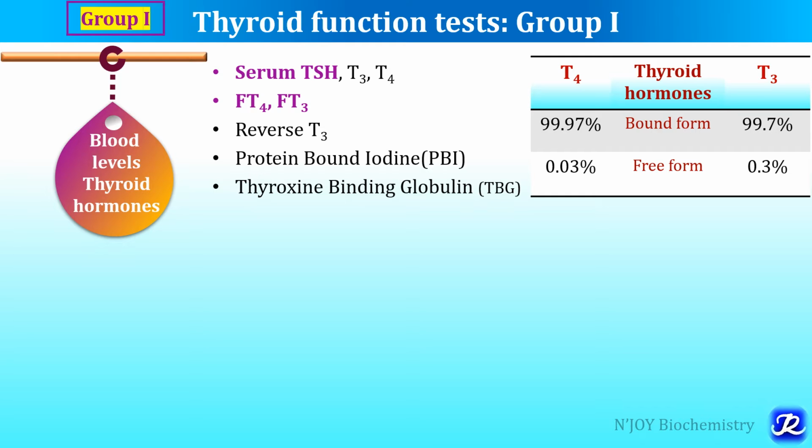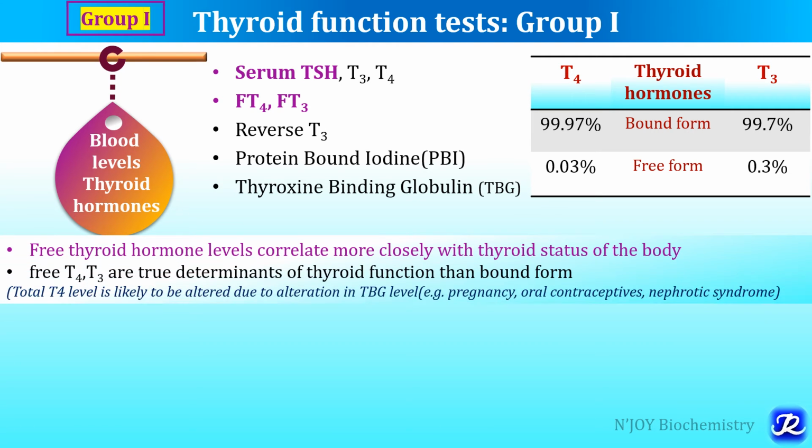And the free form is 0.03% of T4, while 0.3% of T3 is in the free form. So this free form is the metabolically active form, and these free thyroid hormone levels correlate more closely with the thyroid status of the body, and that's why they are true determinants of thyroid function than the bound form. Now out of this T3 and T4, T4 is more relevant.